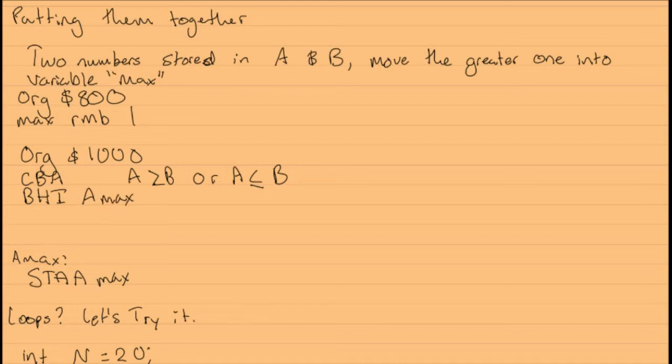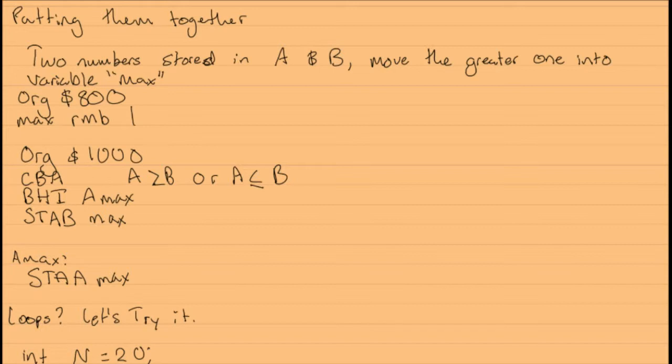So now it's good. After comparing A and B, it's going to branch to A max if it's higher. Now I also have to store inside max if A is not higher. So right here is where I'd actually do that. Here I'm going to store accumulator B into max if that one is the one that's higher.